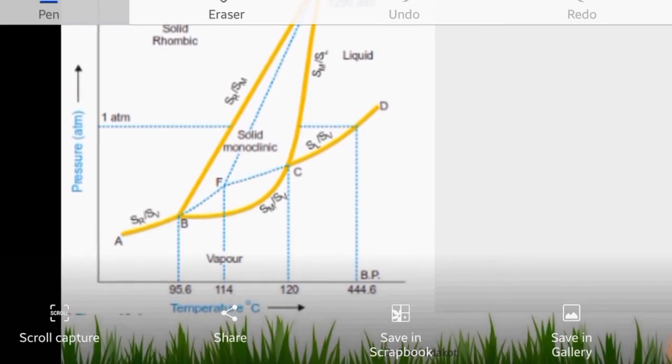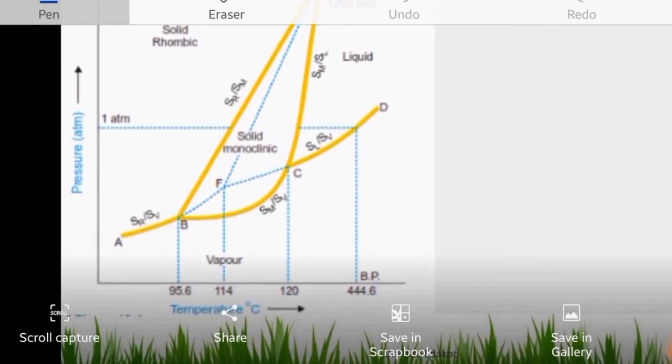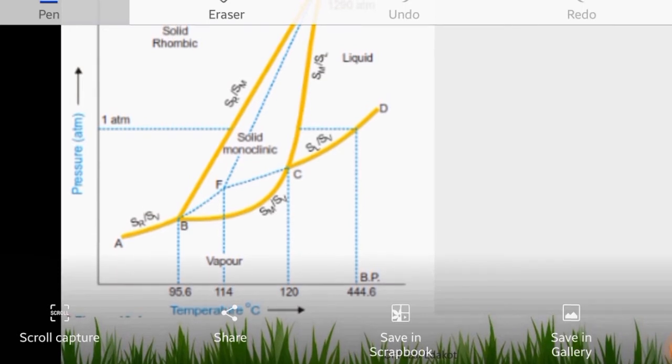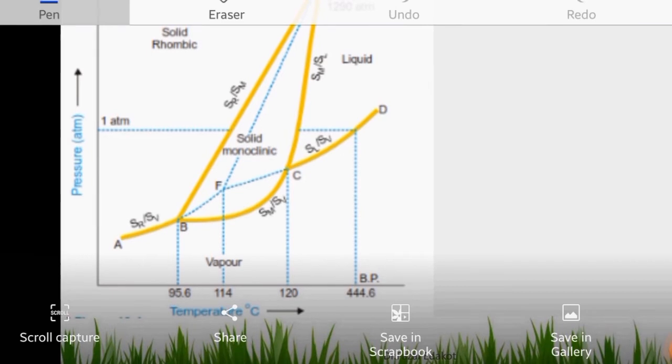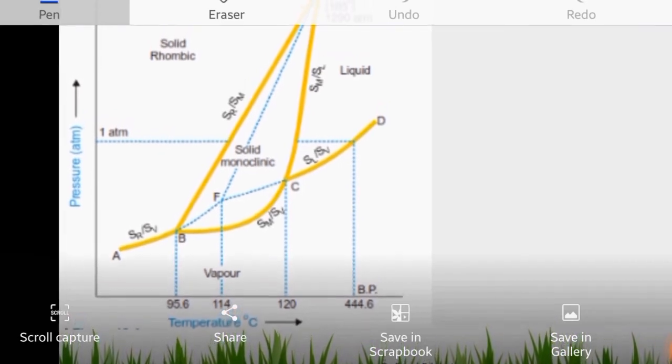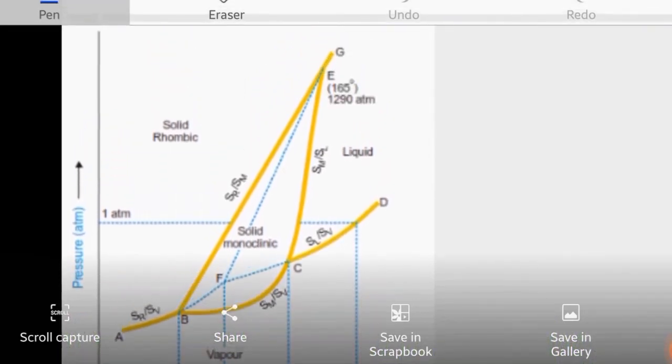See the fusion curve, its slope is towards the right. Water, therefore, is slightly towards the left.